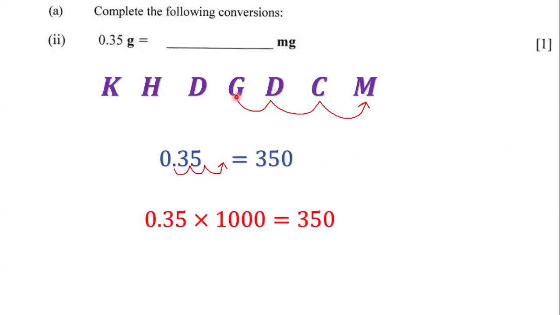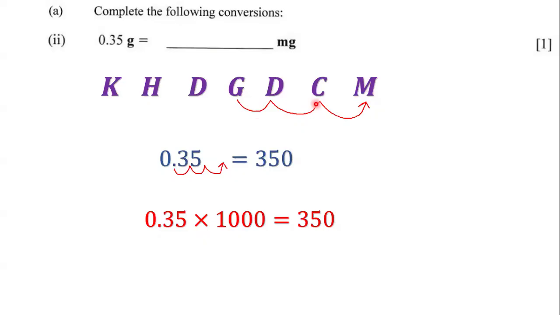All right, so we move over 3 times. 3 times to the left or 3 times to the right? To the right. Very good. And since we move over to the right, do we multiply or divide? Multiply. Very good. So we have 0.35 multiplied by 1,000. We use 1,000 because we move over 3 times.